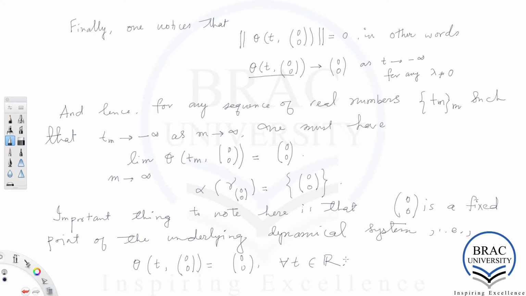Okay, and hence (0, 0) is an equilibrium point according to the definition of equilibrium point that we discussed in the beginning of the first segment.